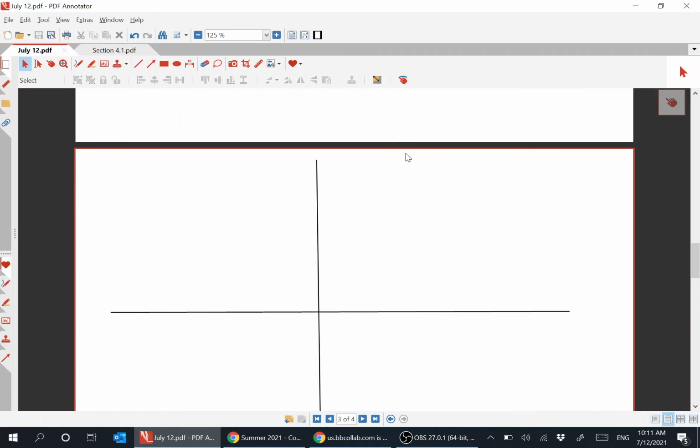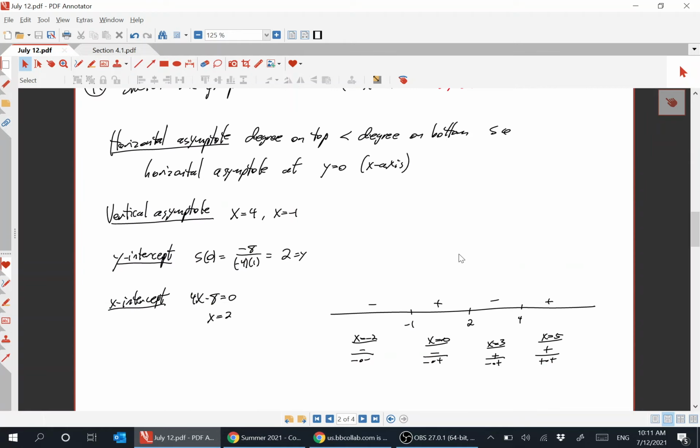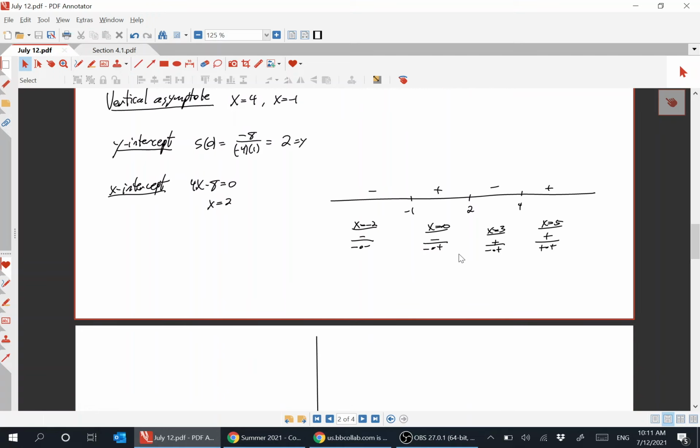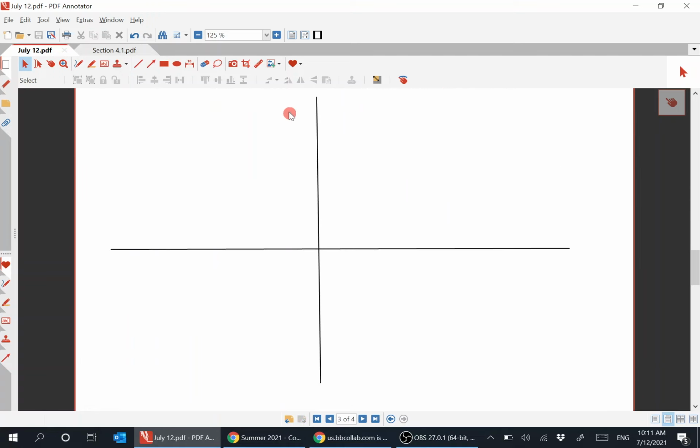All right. So vertical asymptote, also horizontal asymptote is the x-axis, so nothing actually to draw there. Vertical asymptote at x equal to -1 and 4.